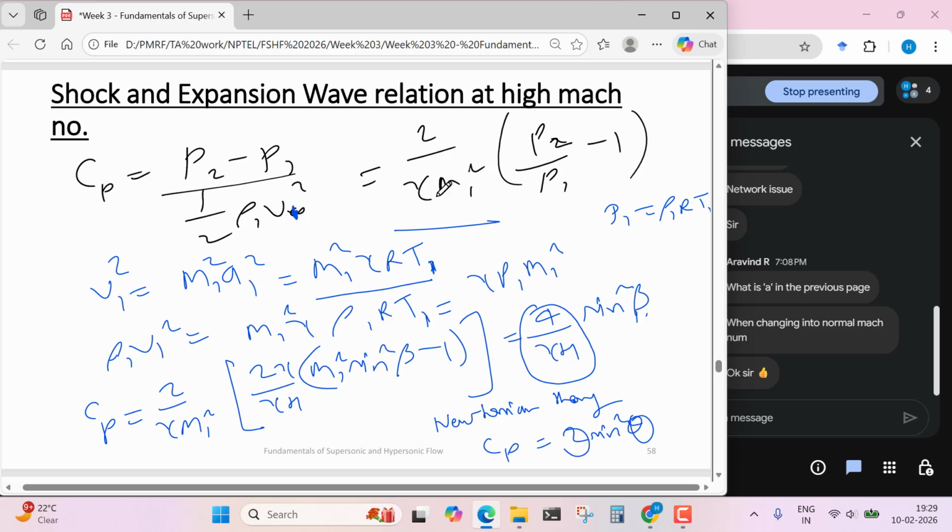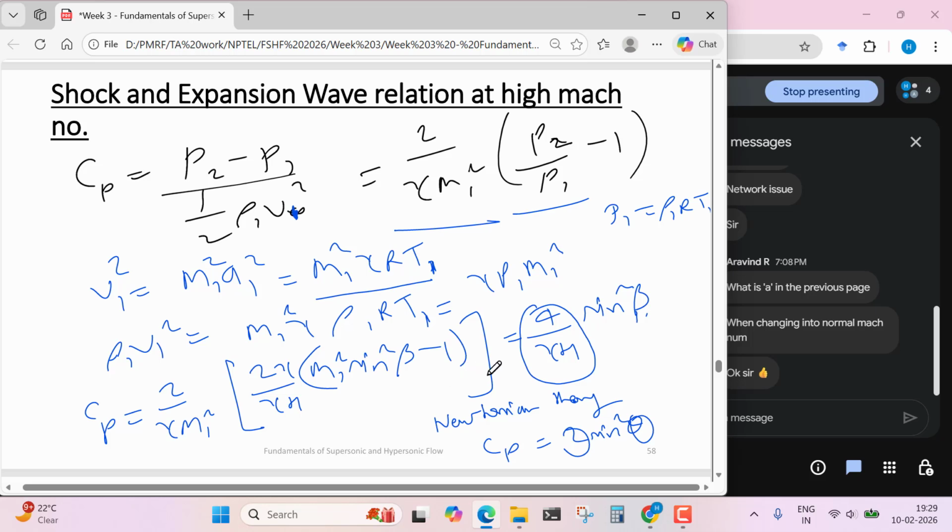So we can substitute it here, gamma P1 m1 square. We have divided P2 minus P1 by P1, so we get the ratio P2 upon P1 minus 1. This P2 upon P1 we can substitute from the relation, which is 2 gamma upon gamma plus 1 m1 square sin square beta minus 1.